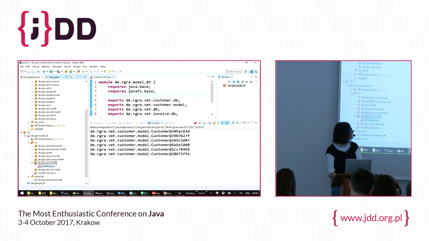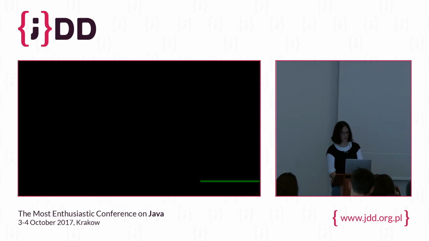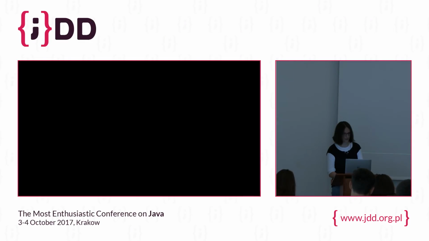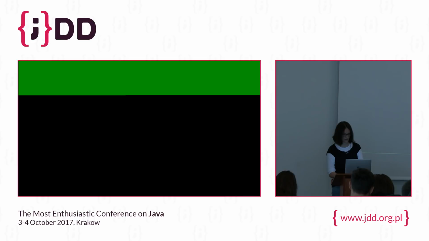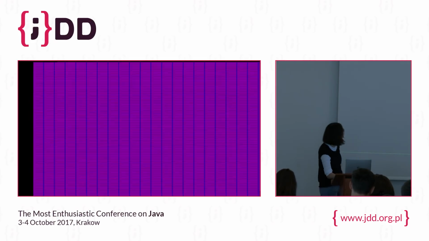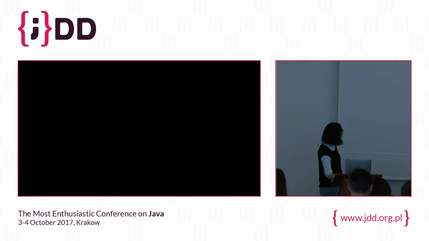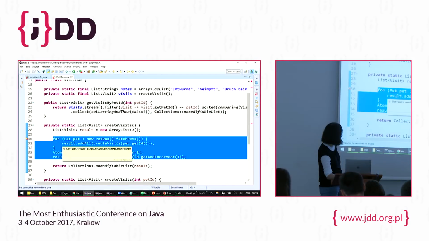Then I have one error marker over here in our visit database object, because it directly did access something of the pet, right?